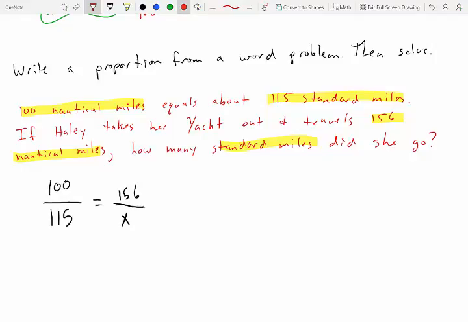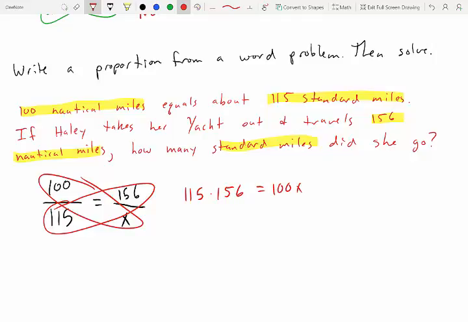So if we use cross products now, we have 115 times 156 equals 100 times x, or 100x. We simplify this, we're going to get 17,940 equals 100x, and we have to solve for x by dividing by 100.